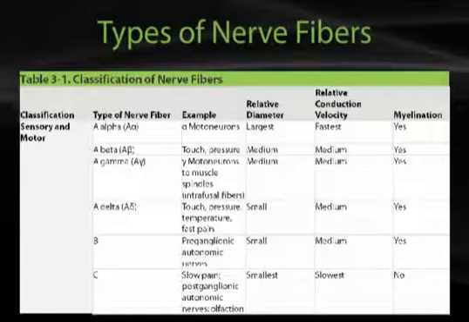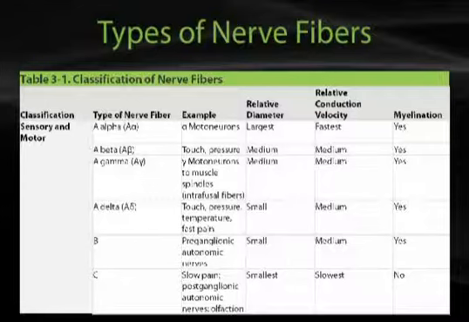As you can see, the type of nerve fiber can be A alpha, A beta, A gamma, A delta, B, or C. This goes in order from largest to smallest in diameter. It also goes in order from fastest to slowest.